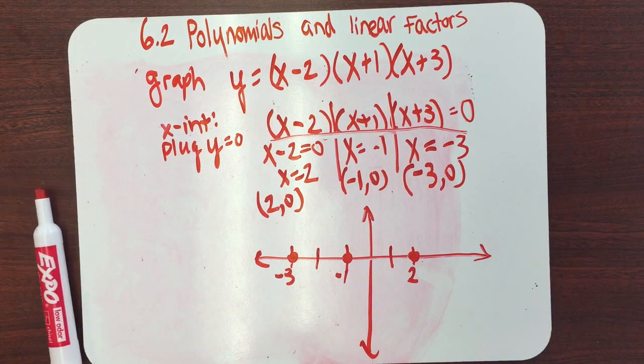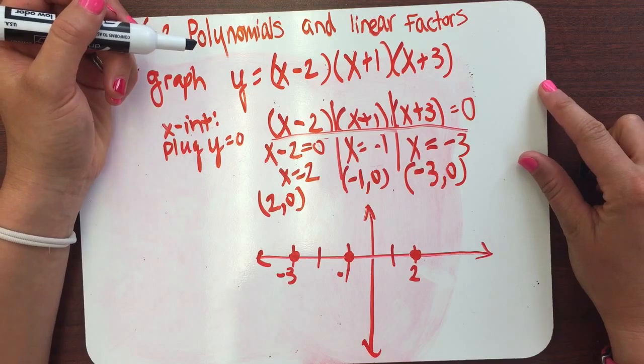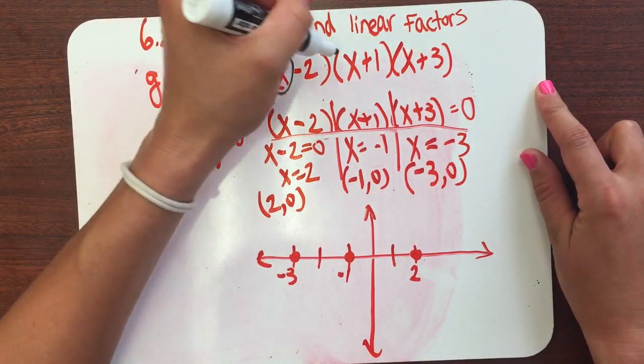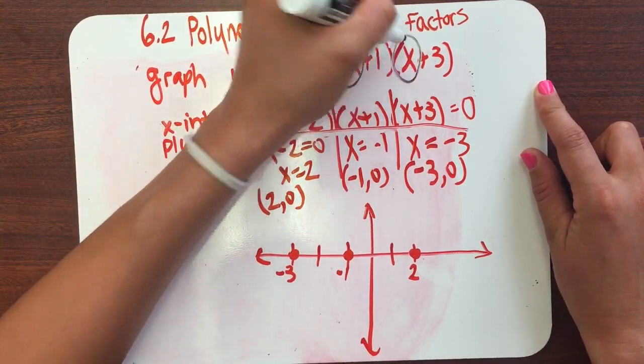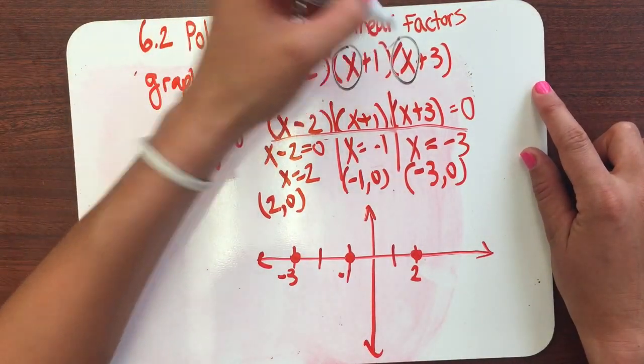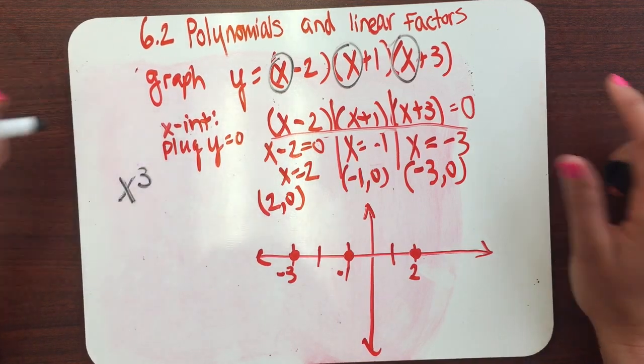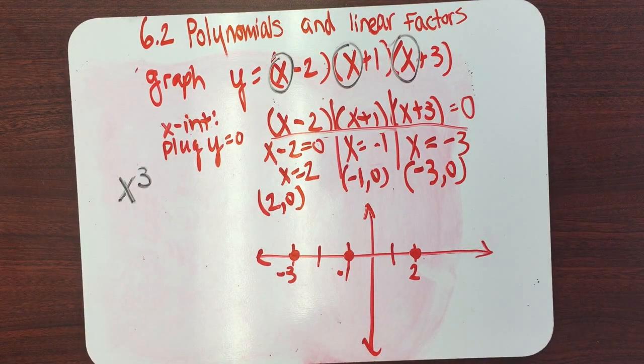So to find the end behavior, we need to know the first term when it's in standard form. To find the first term, you're going to take all of your variables and multiply them. So we have x times x times x. That's going to give us an x cubed, and that is our first term.